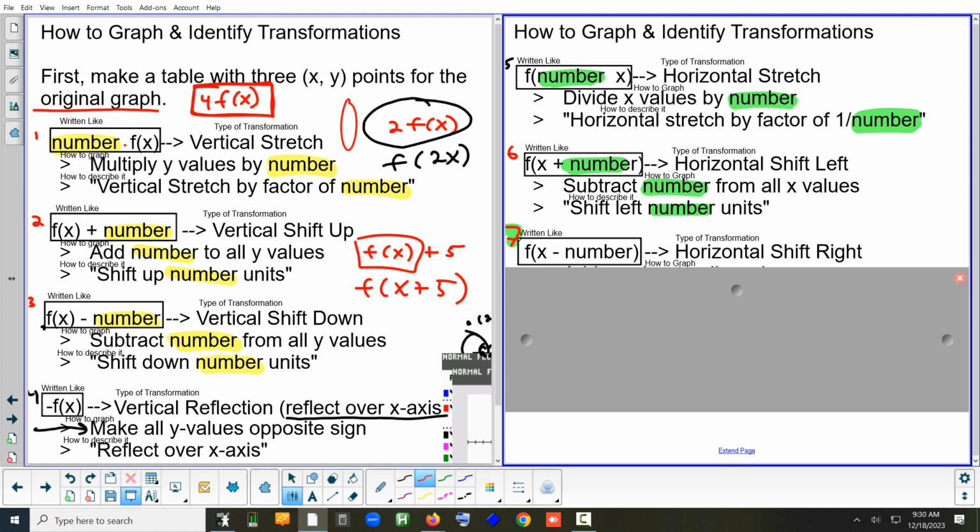They both have minus a number. The number's inside. Right. Everything that I'm doing in green on the right, the number is always inside. Everything that we did in yellow on the left, it was outside. So the type of transformation, when you do x minus a number, that's going to shift right.